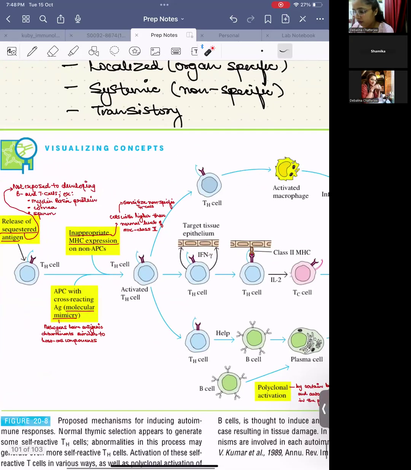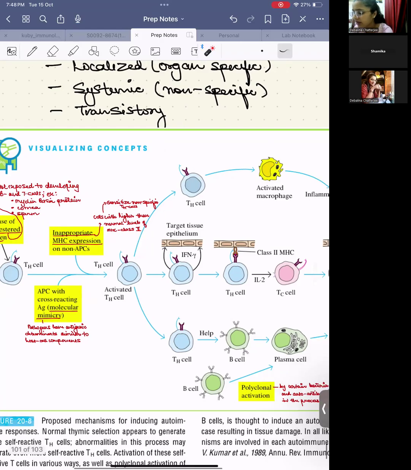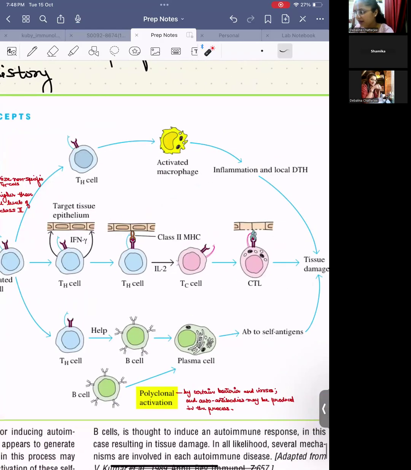So because of all these things, I can have the activation of T cells, which I did not expect. And this activation is against the self-antigens of my body. Eventually, it will activate the macrophages, and it will mediate the inflammation and local delayed type hypersensitivity.